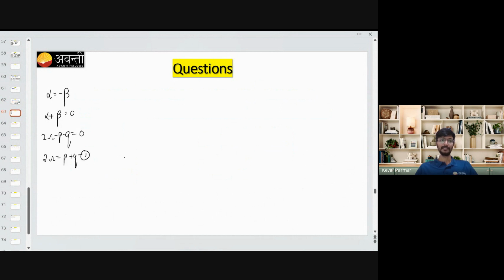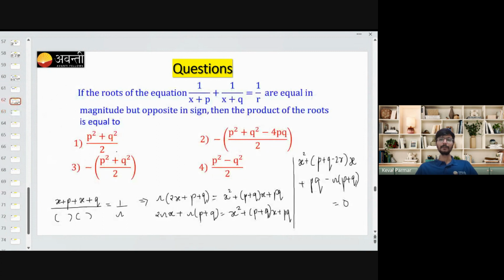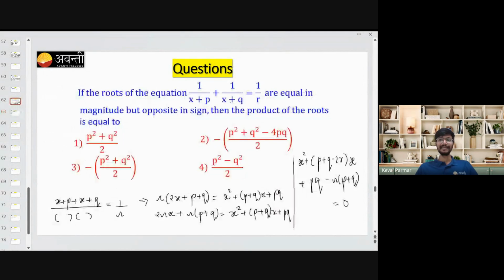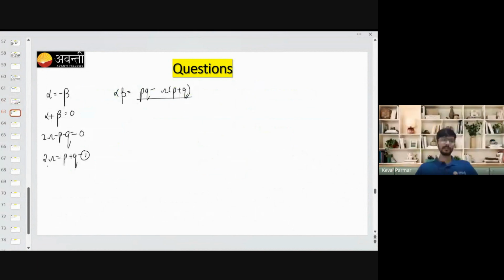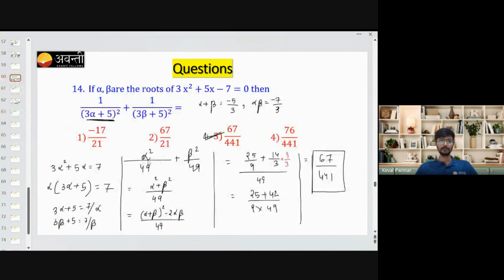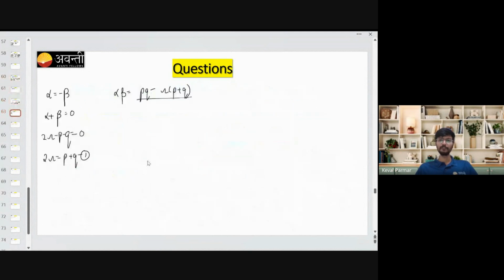Let's mark it as equation number 1. Next, the product. What is the product of the roots? Alpha beta. Product of the roots is c by a. That is, c is pq minus r into p plus q, so pq minus r into p plus q by a. a is 1. Now we want the equation in terms of p and q, so we substitute r here.